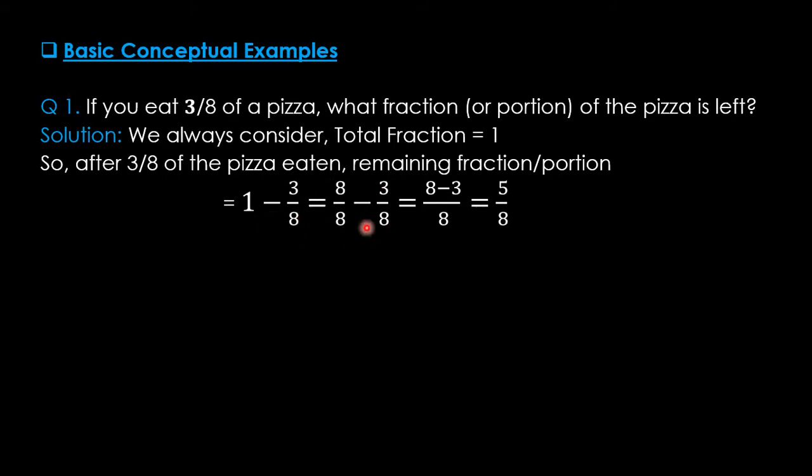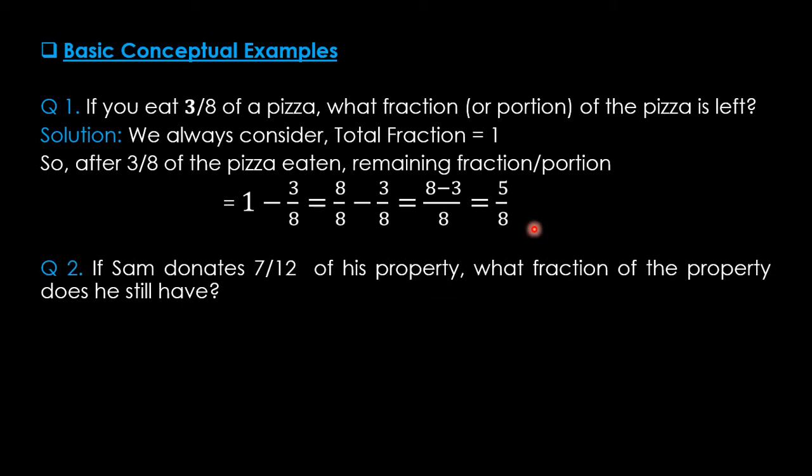To make the subtraction easier, we change 1 to 8/8, matching the denominator. So we write 1 in the form of the fraction 8/8, so that we can easily subtract these two fractions and we get 5/8.